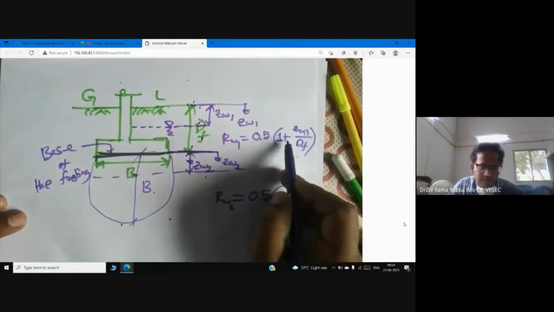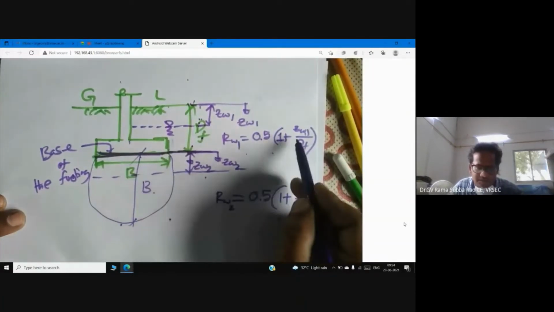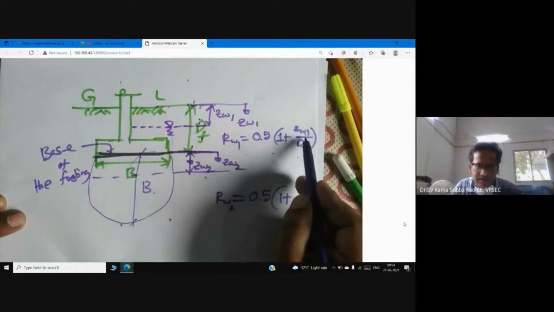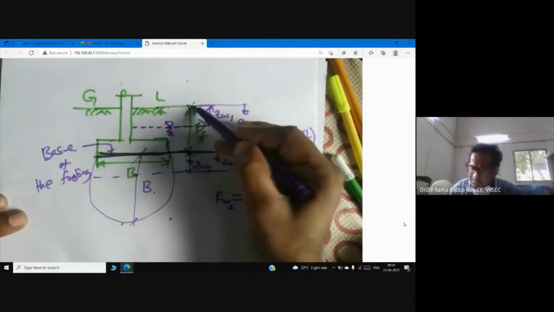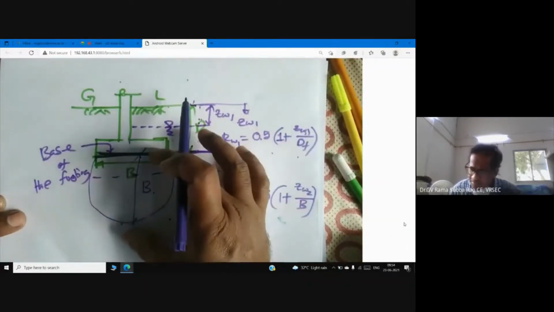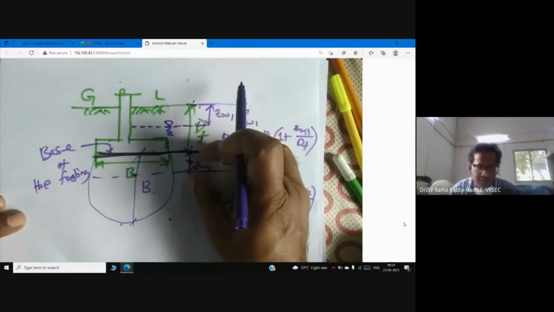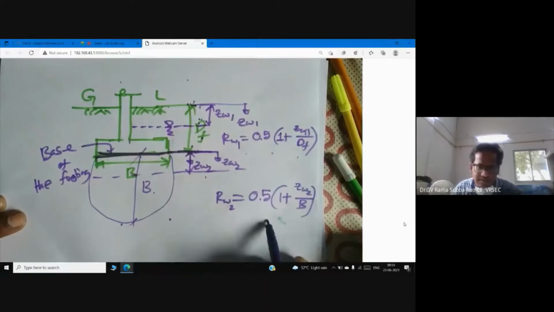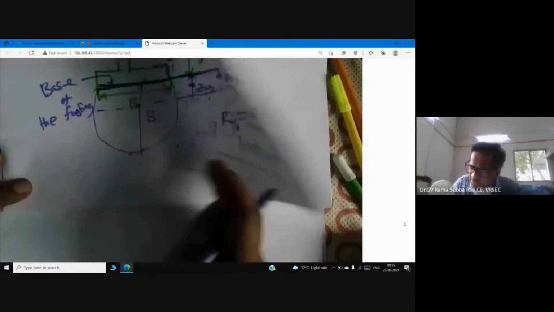Many times people ask me, sir, we know 0.5 (1 + ...), but we are not able to write what is ZW1 or ZW2. Don't get confused. This is depth: within depth, the water table is there. Within the influence of width, the water table is there. This I call ZW1, and this, from the base of the footing, I call ZW2. That's why these equations are like this. Now, can anyone tell me how to calculate ultimate bearing capacity once again?